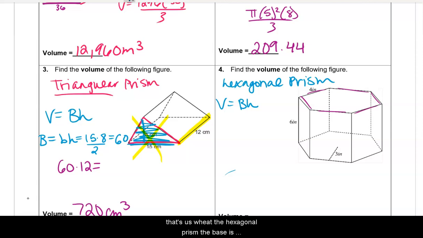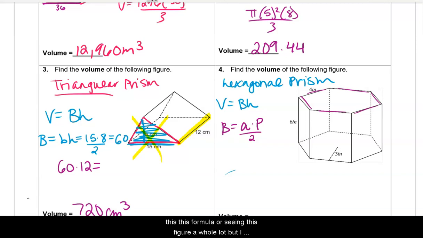That's us. The hexagonal prism's base is a regular polygon. So it says big B is lowercase a times capital P divided by 2.